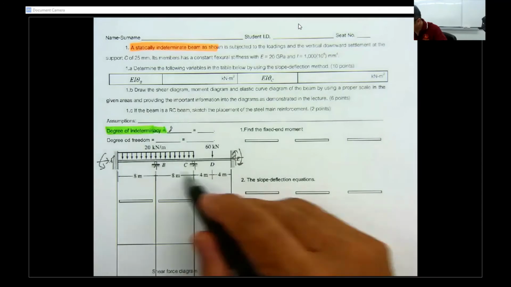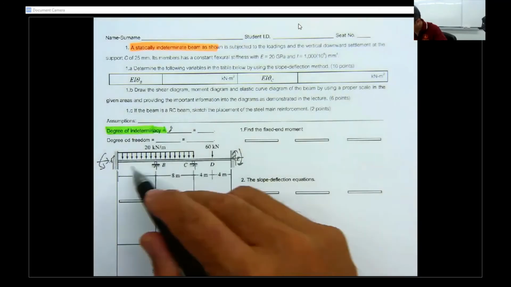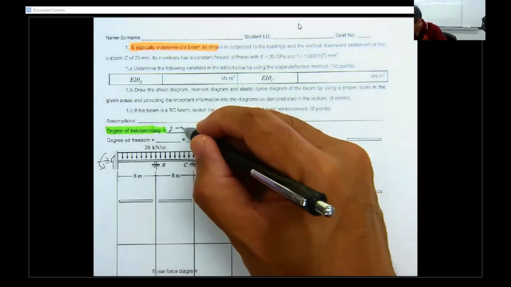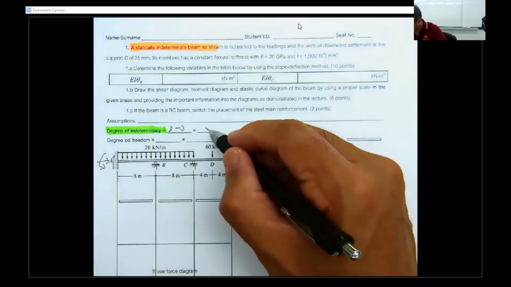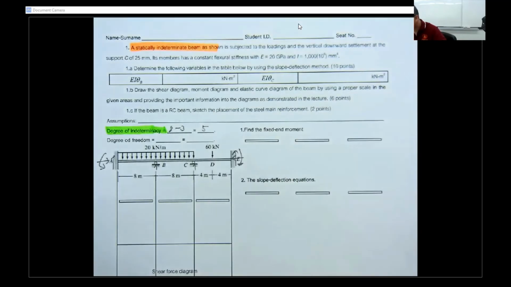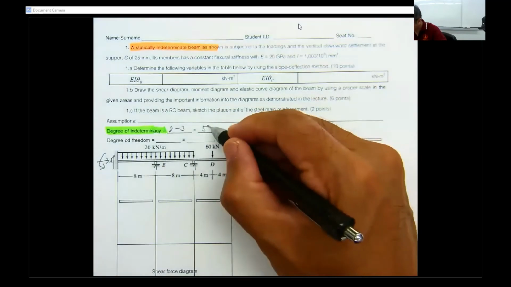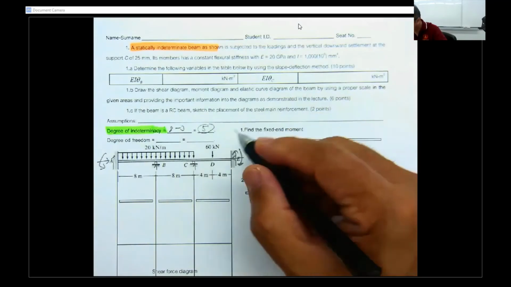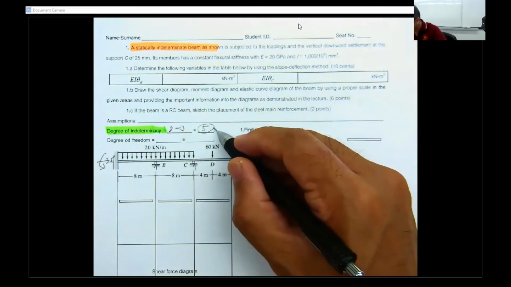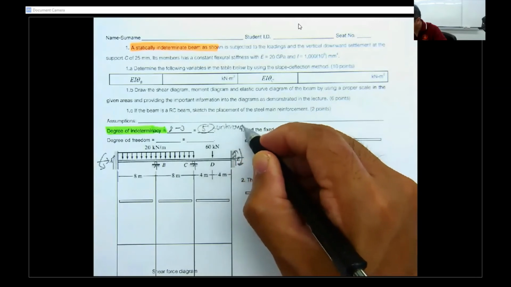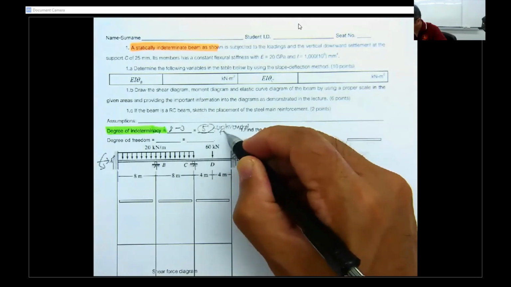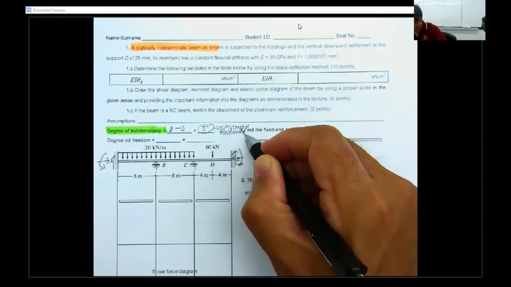If you know the free body diagram, the one that connects A, B, C, D, E together has 3 equations. That means this problem has 5 degrees of indeterminacy. If you solve this by the force method, you will find 5 unknown redundants. That is going to be a very big problem.